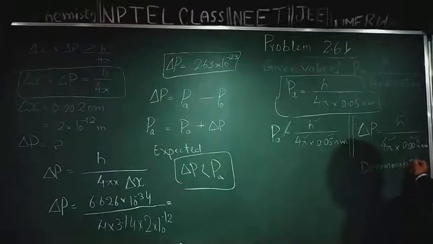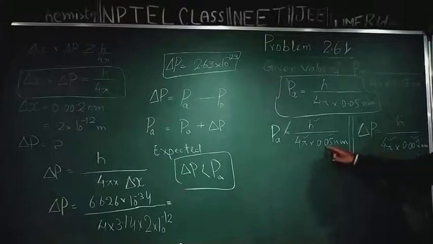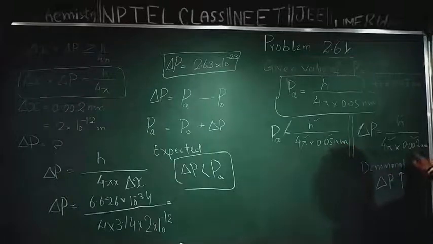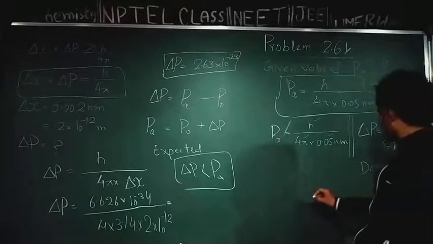is less, the value of delta p will be greater. Here, because of this value 0.002 related to 0.05 is less, the denominator here is less. So the calculated value of uncertainty in momentum is greater.